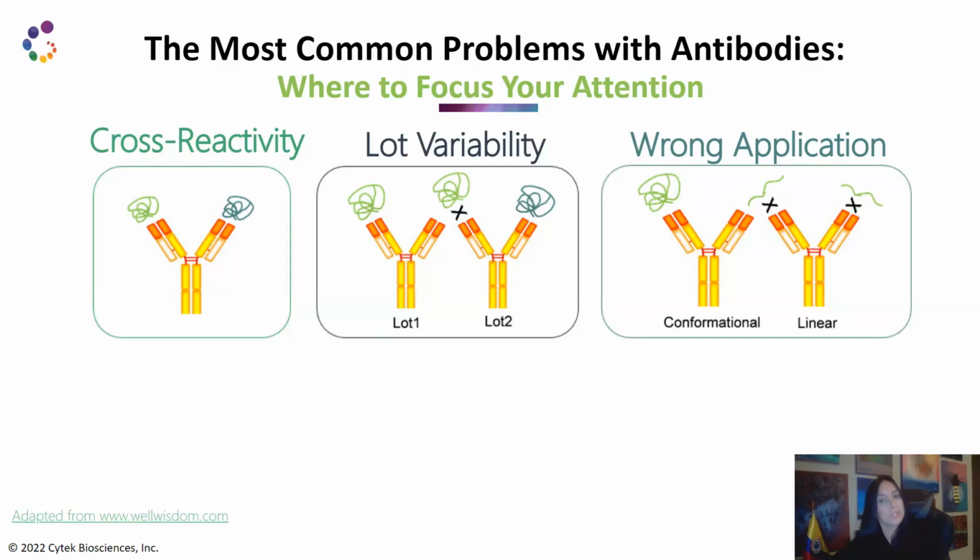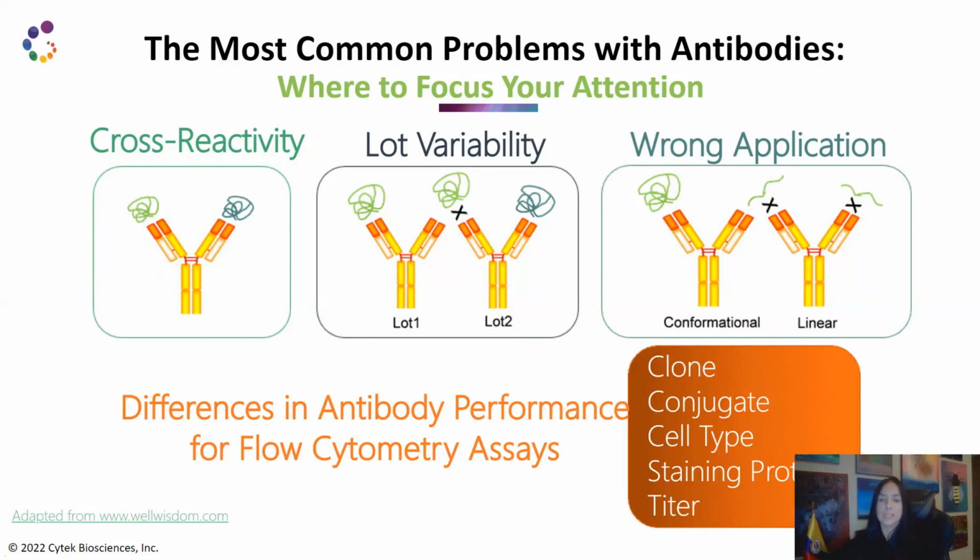Variation across lots with different performance, or just picking the wrong antibody. We know, for example, for Western blot, you are going to be detecting linear epitopes versus for flow cytometry, more of the native form of the protein. But even if all of that is controlled, we have seen how in flow cytometry there are differences in performance for antibodies, and that's related to other factors, right?